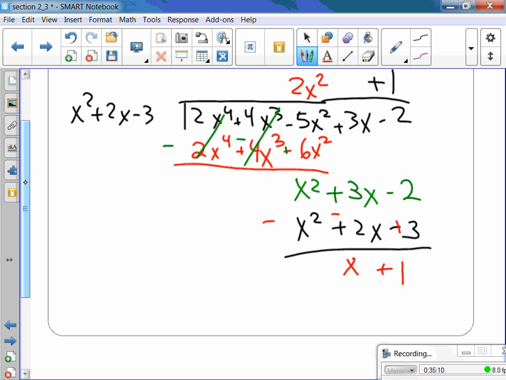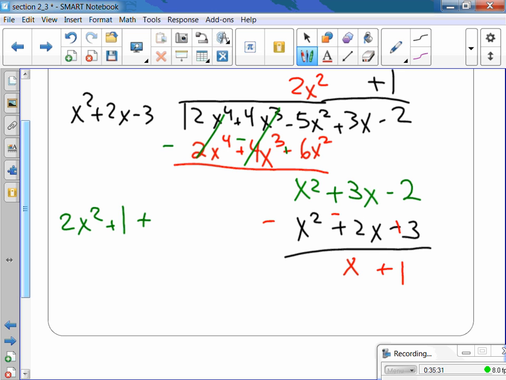This is my divisor, this is my dividend. So where's my quotient? 2x squared plus 1. And then my remainder was x squared plus 2x.